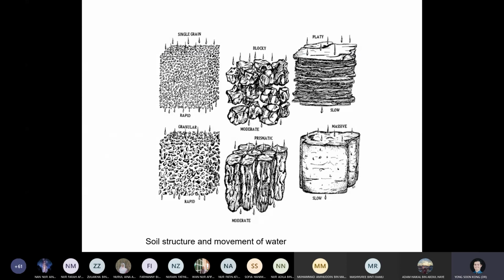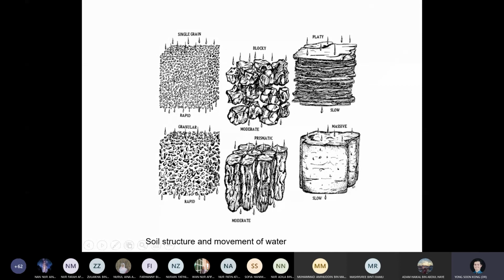So these are the structures that you're going to be able to see based on different soil textures. Some of the textures might be very small due to high content of clay, but because of the nature and also the weathering patterns, they might give you different textures and structures.